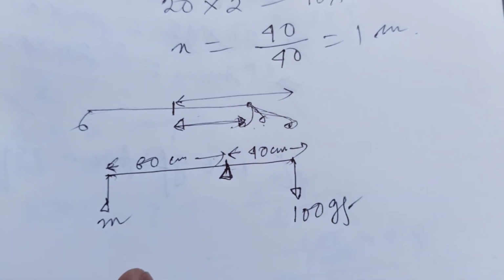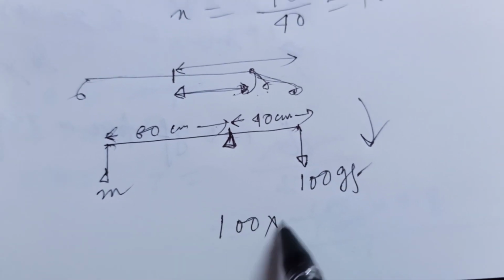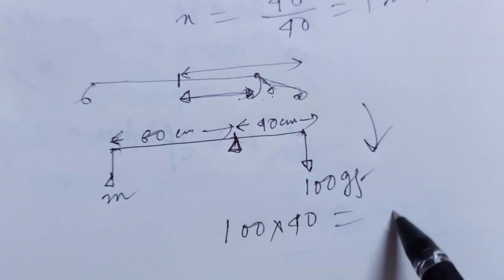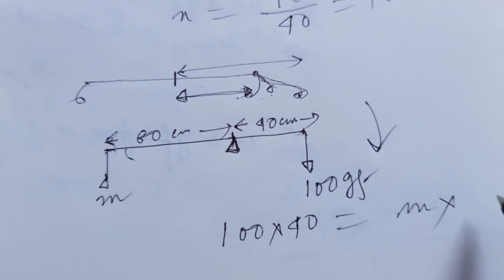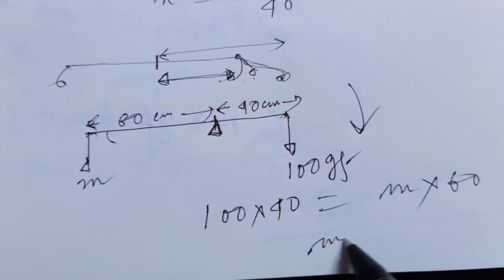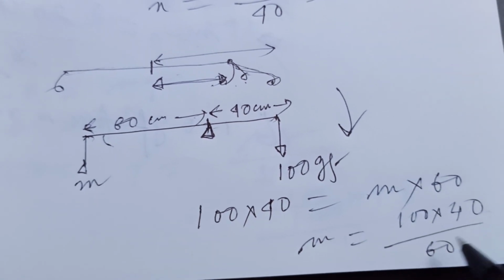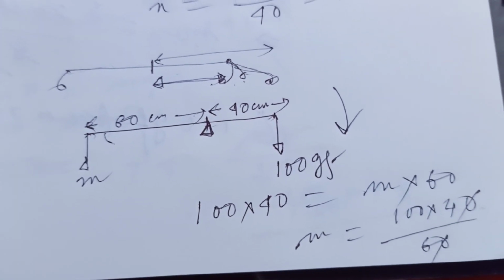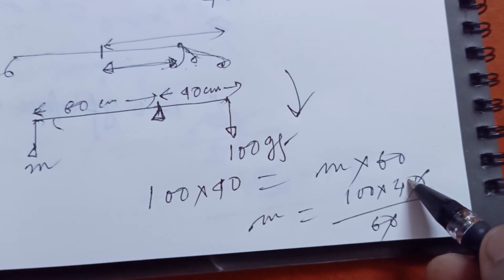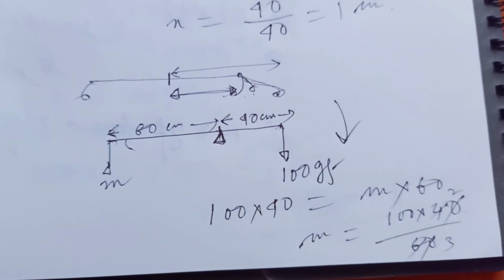So the clockwise moment is 100 into 40, and the anti-clockwise moment is m into 60. So m equals 100 into 40 by 60. We cancel, so 200 by 3.